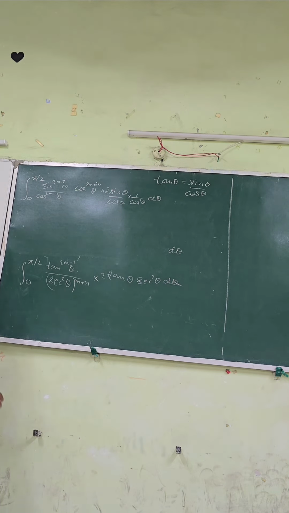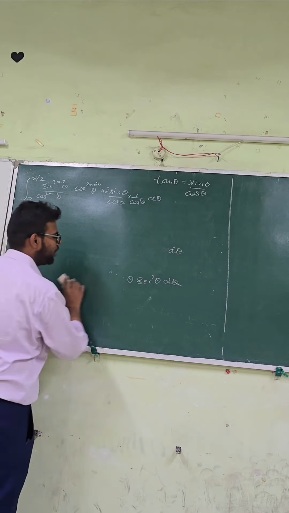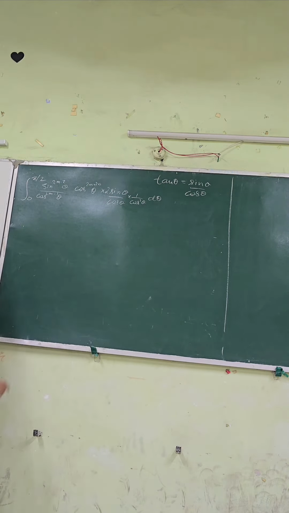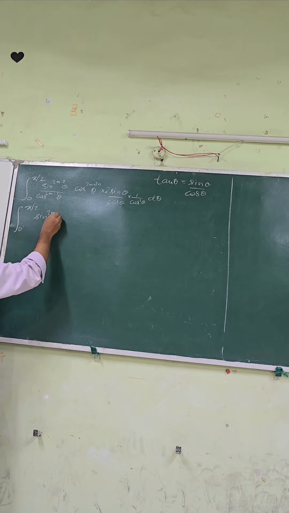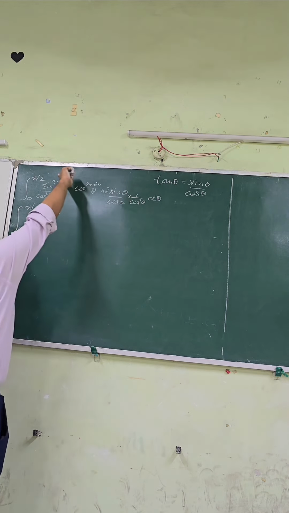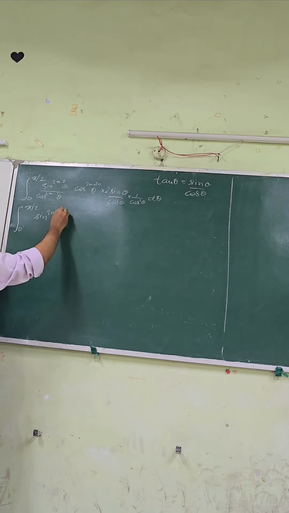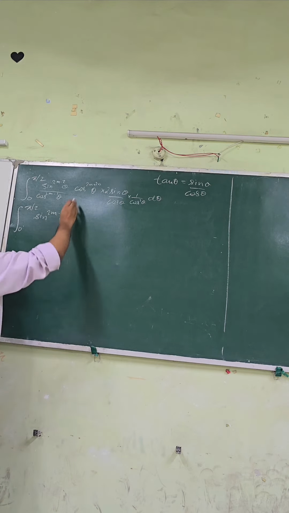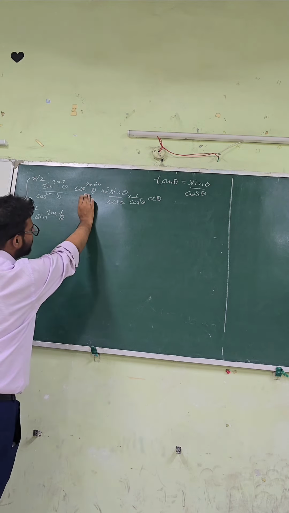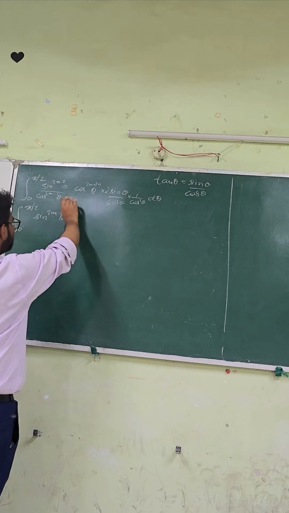Okay, so let's evaluate it further. Let me erase that stuff also, else it will confuse many times. Okay, so let me write it further. So it is 0 to pi by 2 of the quantity sine of 2m minus 1 theta, and this multiplier will add 1, so it will be 2m minus 1 theta, cos 2m plus this quantity upon this.